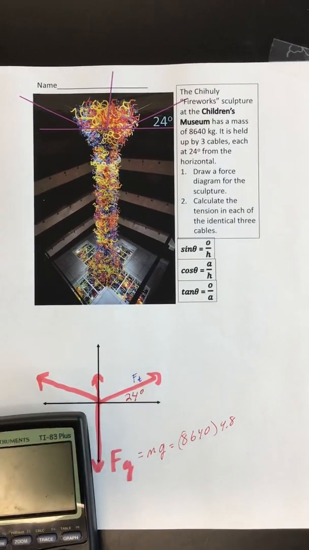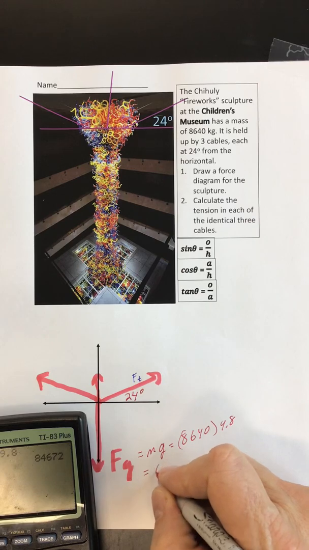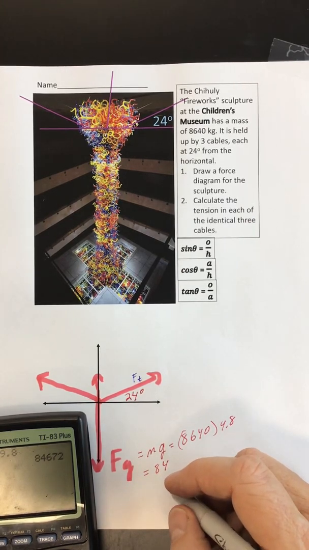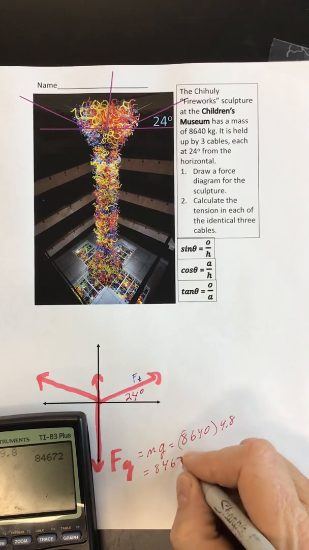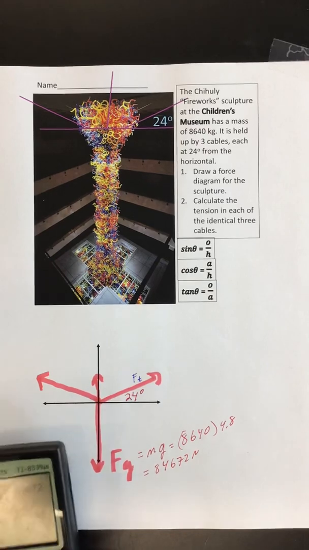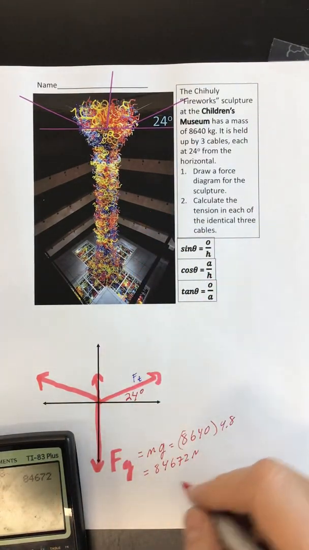On your calculator, you go 8640 times 9.8, and you get, wow, that's a lot of force, 84,672 newtons. That's the total force of this entire sculpture.